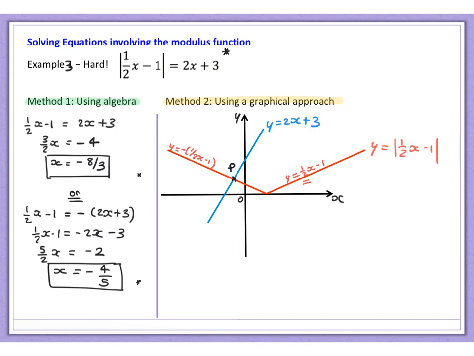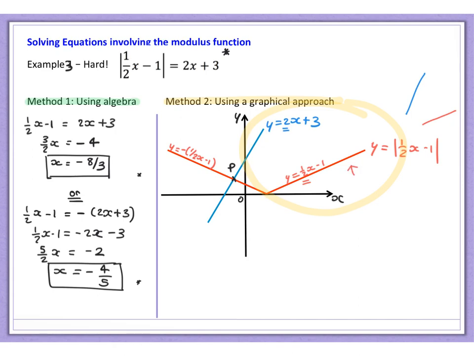The gradient of the blue line, y equals 2x plus 3, is 2. So in this portion of the set of axes, you have a graph with a gradient of 2 and a graph with a gradient of a half. They are never going to intersect in this region that I've highlighted in yellow because the blue graph is so much steeper than this red portion over here.